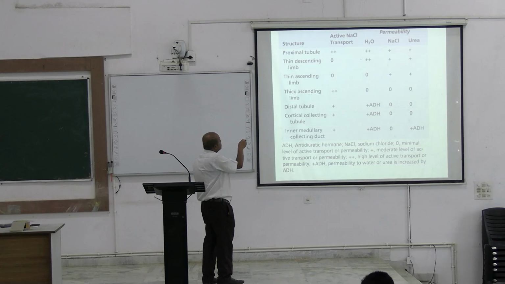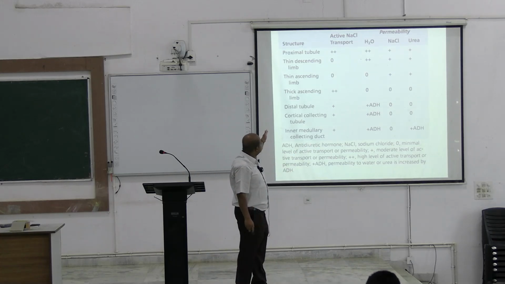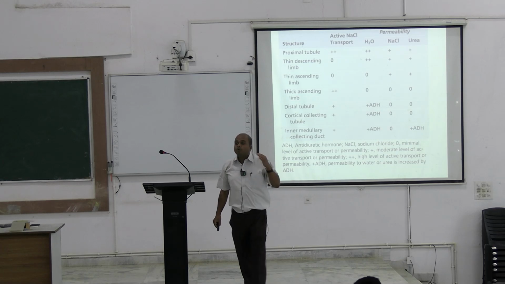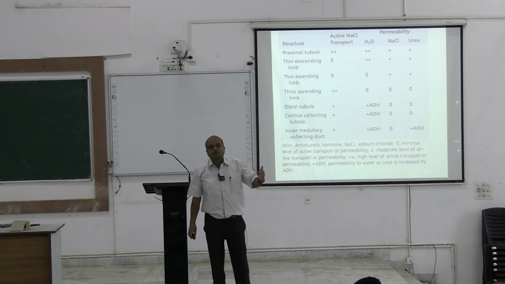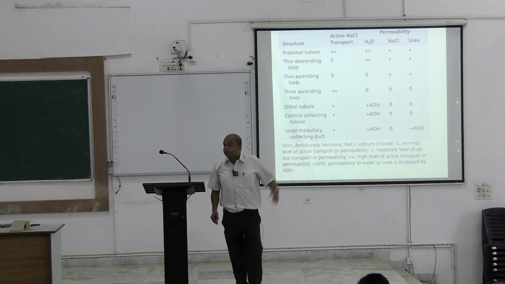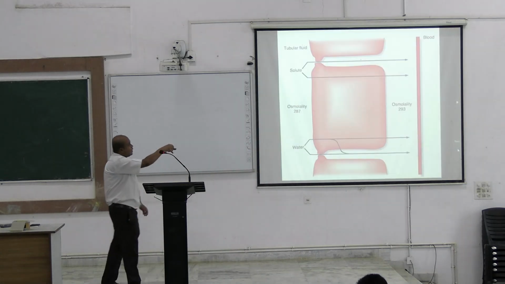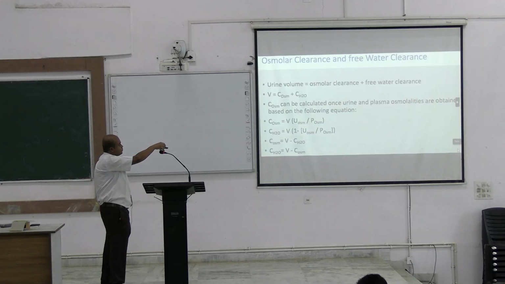Urea is passively transported up to the thin ascending limb, but in the thick ascending limb, distal tubule or the first part of the collecting ducts, or you may say the cortical collecting tubule, urea transport is nil. So the urea concentration is rising along the tubule.